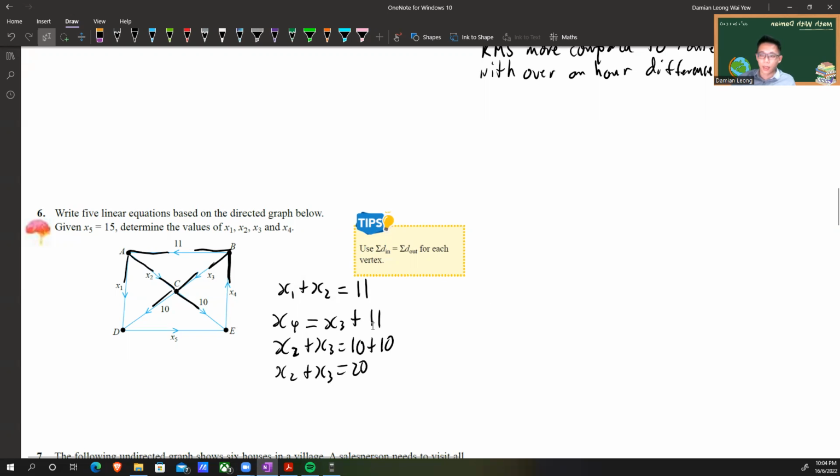Then for the D here, x1 and 10 come out x5, x1 plus 10 equals x5. And for the E here, x5 and 10 come out x4, x5 plus 10 equals x4.